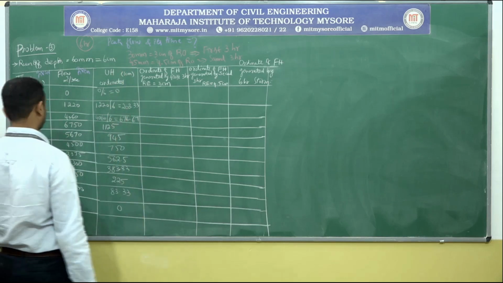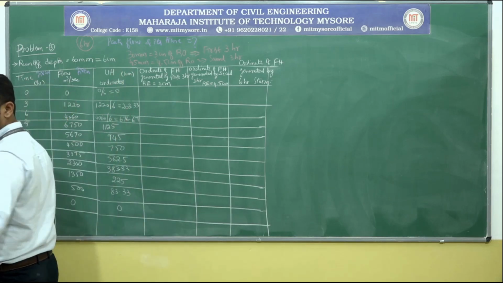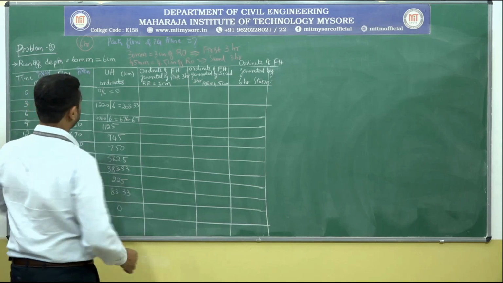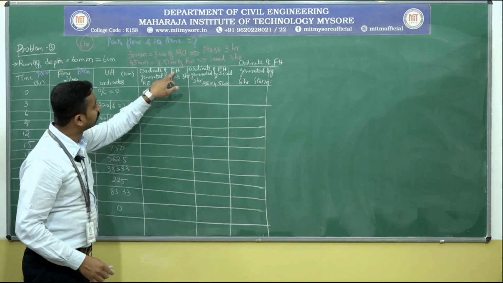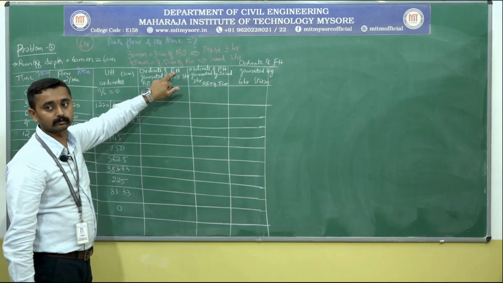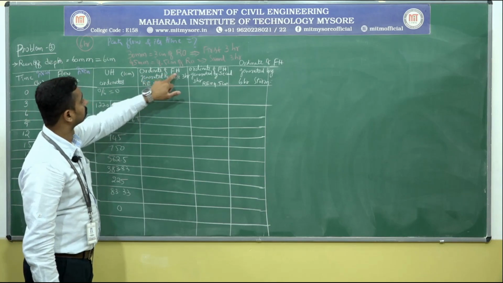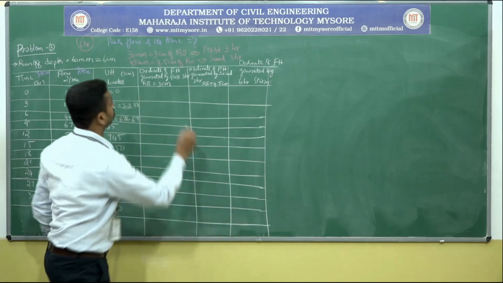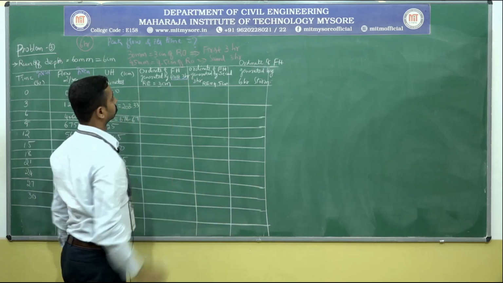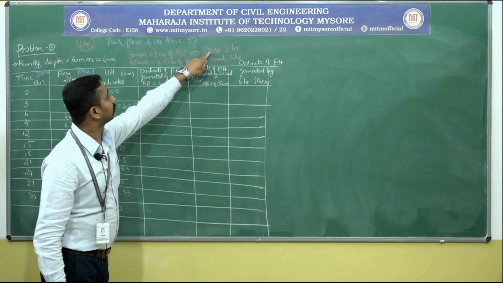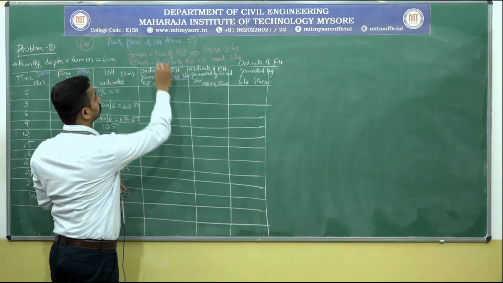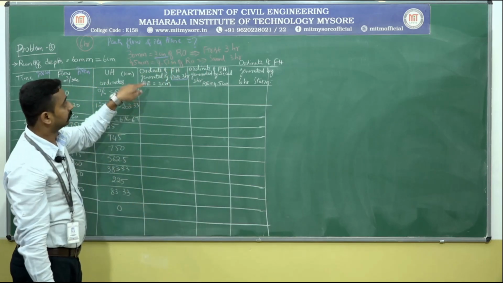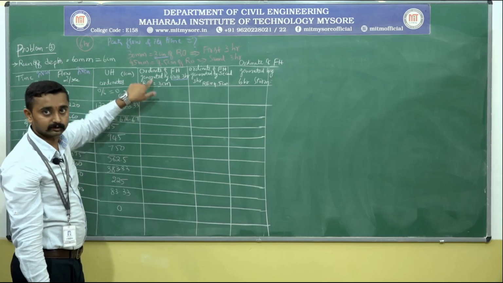Now, ordinate of the flood hydrograph, listen carefully, ordinate of the flood hydrograph generated by the first 3 hour. First 3 hour runoff depth is given 3 centimeter. So nothing but this is the flood hydrograph.